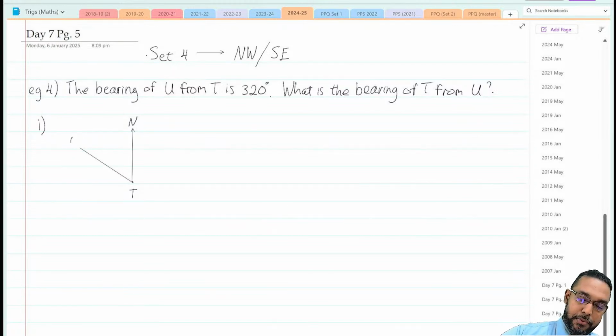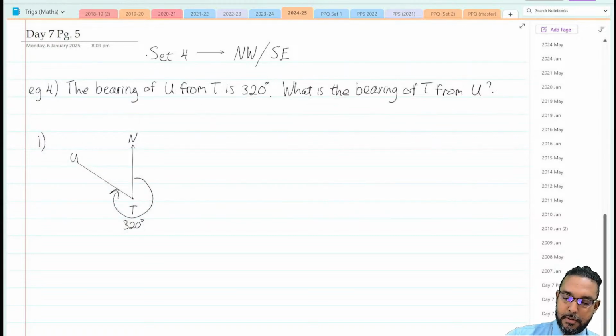Right, so let's put that as U. And the angle is 320 degrees, right? Copy and paste time.